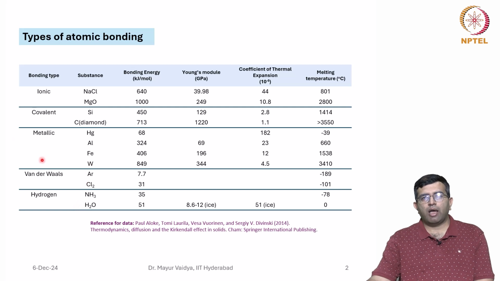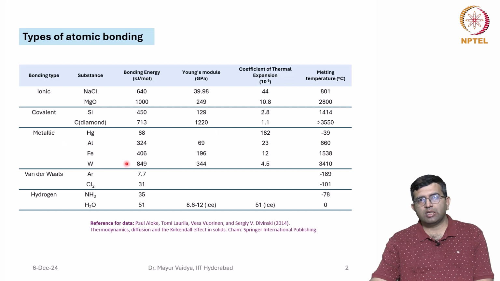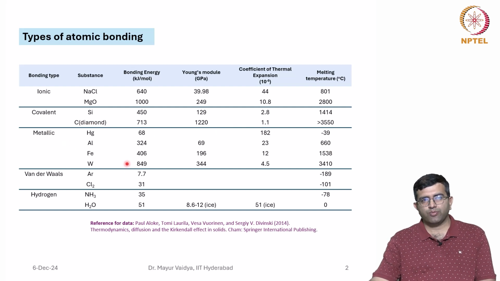In our course we will be focused mostly on the metallic classes of materials, although we will definitely also talk about ionic and covalent bonding when we talk about semiconductors, where silicon will come into the picture, and so on. So mostly metallic bonding, metallic materials is our focus.